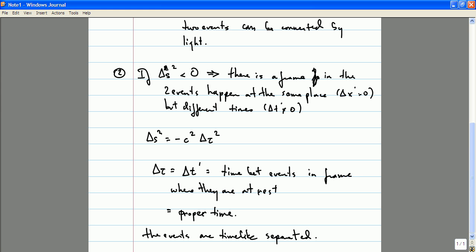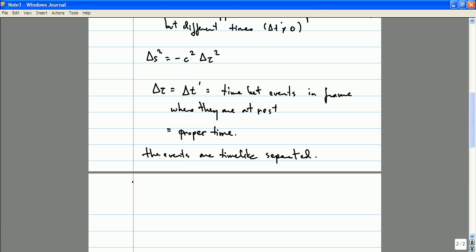Any questions on this? So this is where we left off last class. And so let me now consider the third case, where delta s squared, which was delta x squared minus c squared delta t squared, is greater than 0. And in this case, delta s is real.